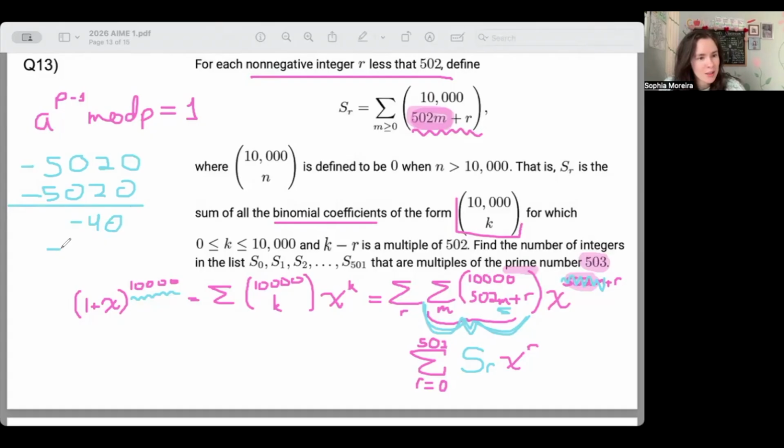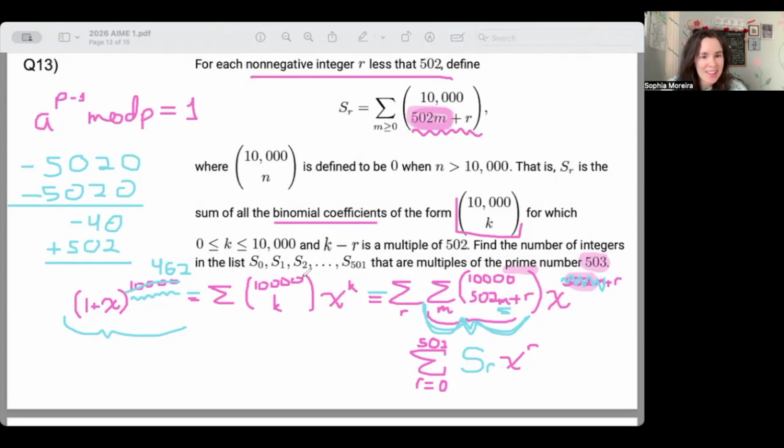Just to get back in the positives, though, let's add back one more copy of 502. Adding those together, we are pretty less than 500, but then two more, so that is 462. So therefore, all of this stuff, and again, I'm writing equal signs. Technically, these should just be congruences mod 503 at this point, but we have here on the left-hand side 1 plus x to the power of 462 that is congruent mod 503 to 1 plus x to the power of 10,000.